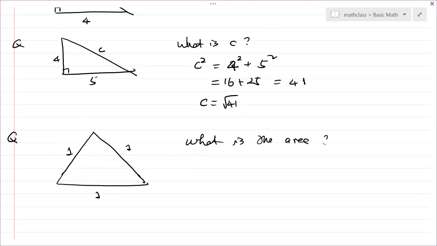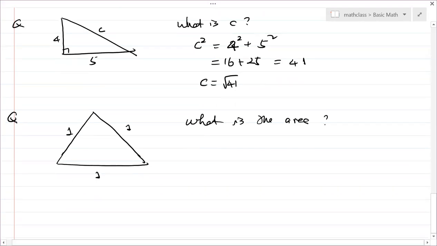If you know the height, you can solve the problem. The area is going to be half of the base times the height. The question is, how do you find the height? You draw the line, that's the height. So how do we find the height?